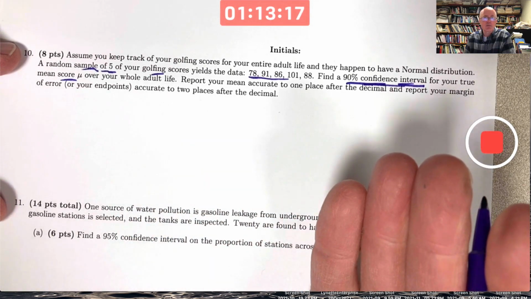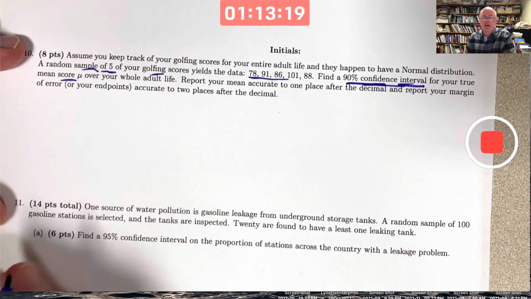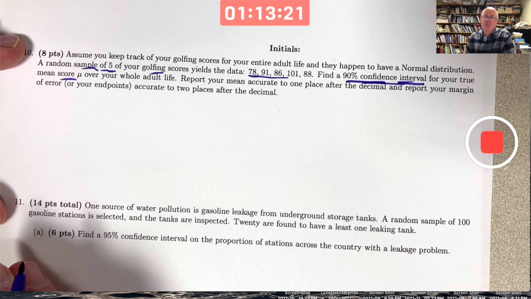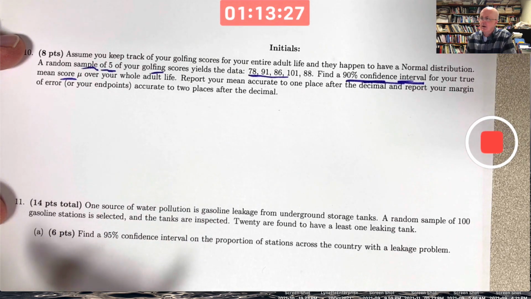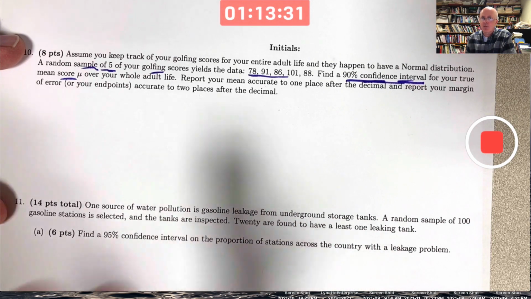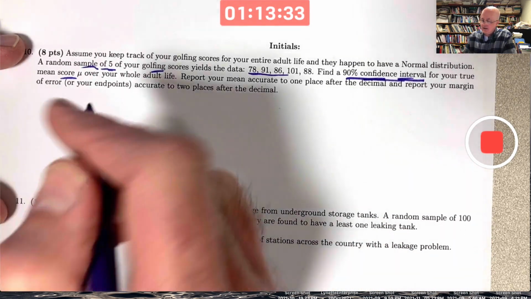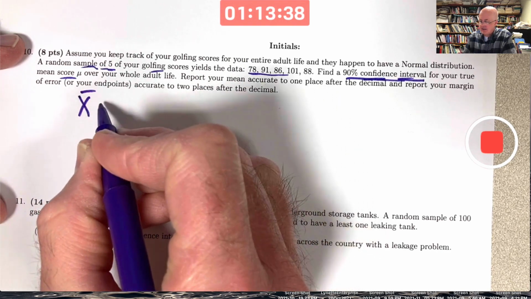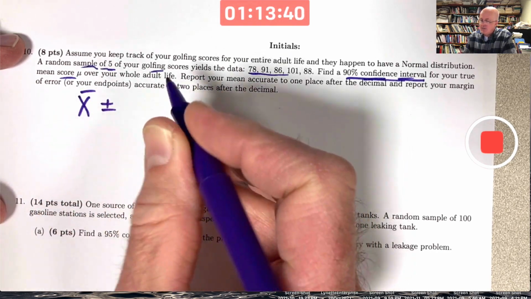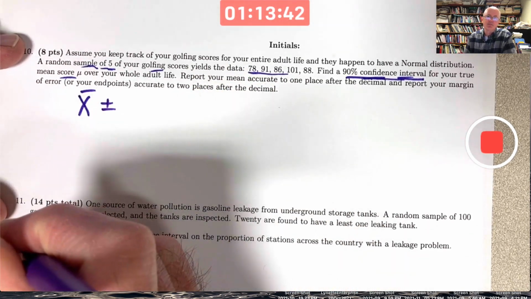Hey, confidence interval. We did that near the beginning to estimate a mean. But at the beginning we had sigma. It was the Hobbit problem. We knew sigma. Here I'm not telling you what sigma is. This is more realistic. The formula starts out the same, and in terms of a random variable, still start off with an x bar, plus or minus, but now you use a t distribution.